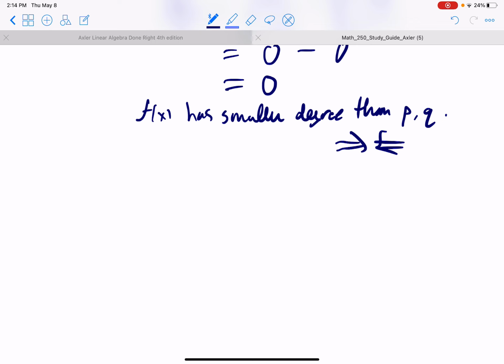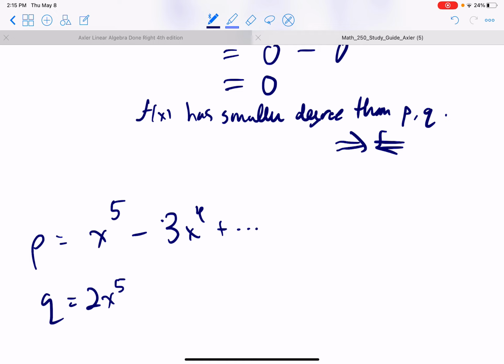How the highest degree terms, like let's imagine we had x to the 5th minus 3x to the 4th plus blah, blah, blah. Let's say that was p. And then q was x to the 5th plus, I don't know, maybe 4x to the 4th minus 7x to the 3rd. q can't be 2x to the 5th, because p and q have to be monic.